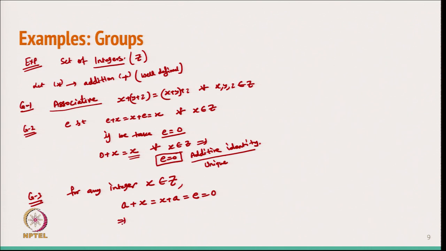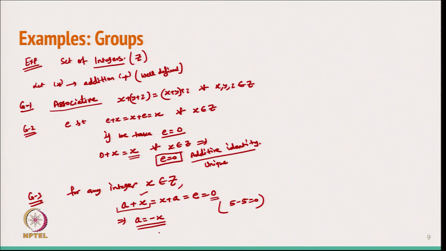So, I need the additive inverse of the element x such that if I add it to x I get the value 0. So, a can be written as minus x, because if it is 5, then minus 5 is going to give 0. I can choose minus of whatever element is there and I will get the value 0.